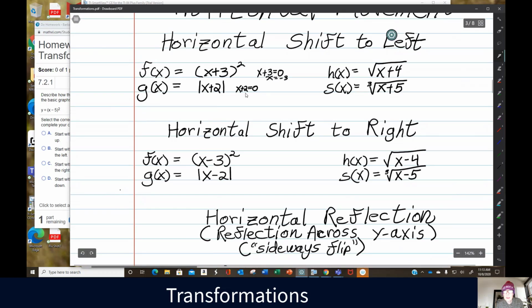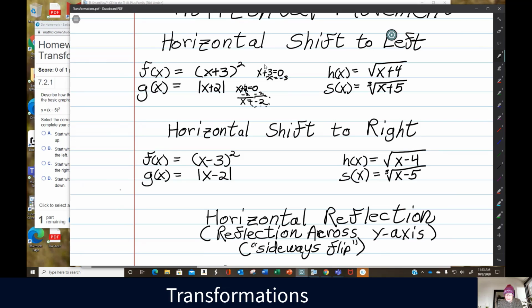The only way to know for sure is to set x plus 2, the new location, equal to what the old location was, and see what the movement is. So minus 2, minus 2, x equals -2. 0 minus 2 is -2. Now you can see what your movement is right here, 2 to the left.